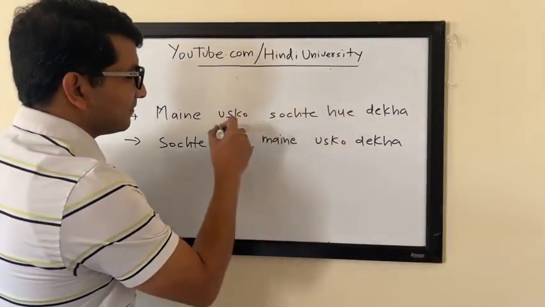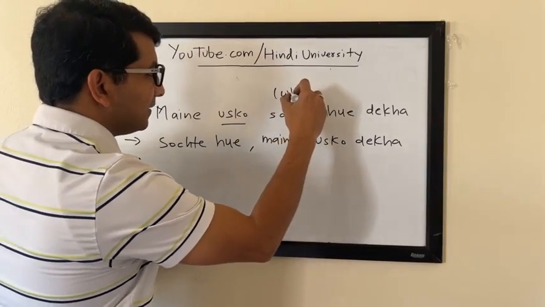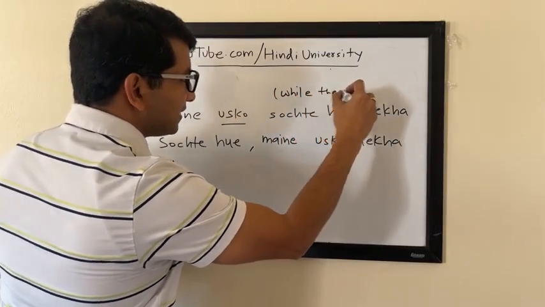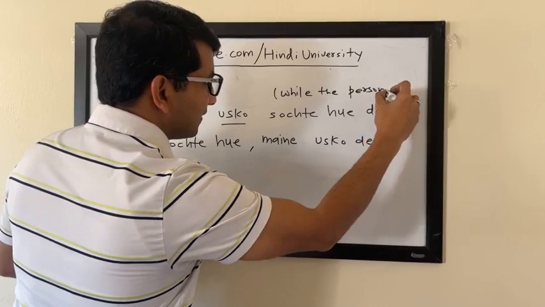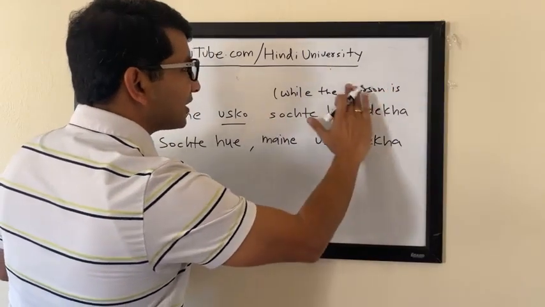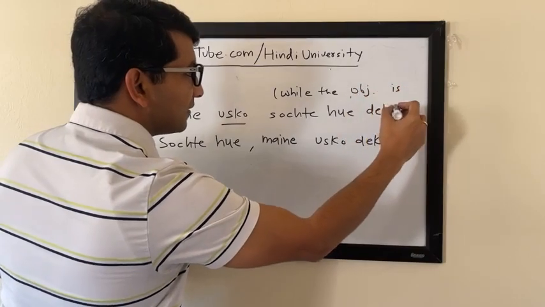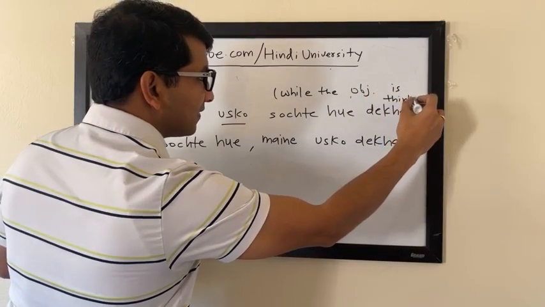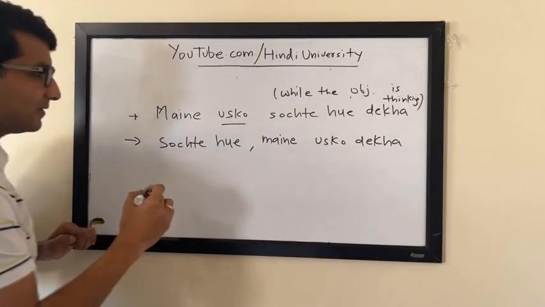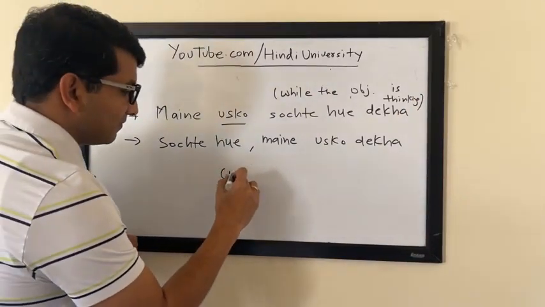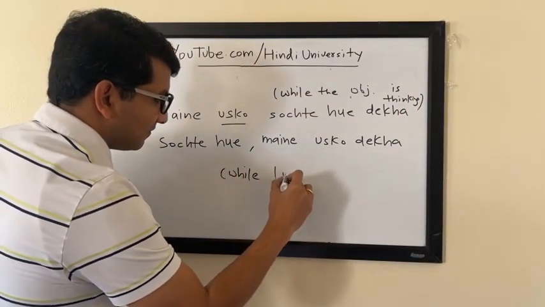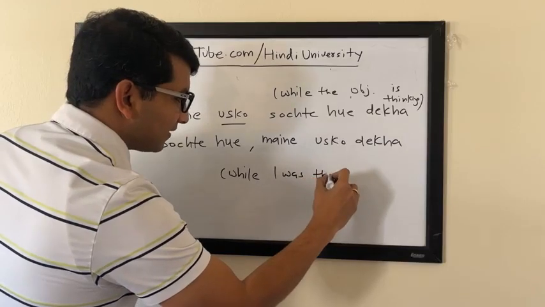While the object was thinking. Okay, while the person is thinking, this person, the object. Okay. Second one. I think the second one is while I was thinking, I saw him. Okay, while I was thinking. Awesome.